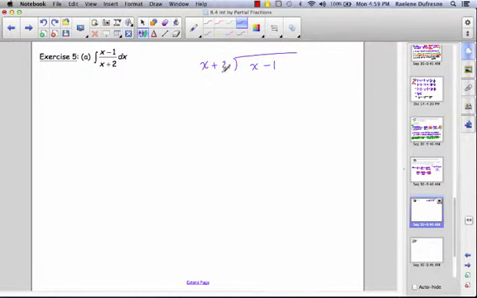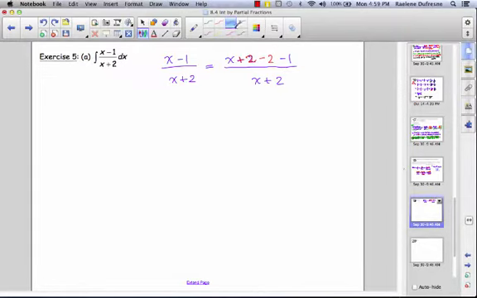However, in this case, I'm going to take x minus 1 over x plus 2 and rewrite it a little bit creatively. I can see that x minus 1 over x plus 2 is really x plus 2 minus 2 and then minus 1 again, all over x plus 2.